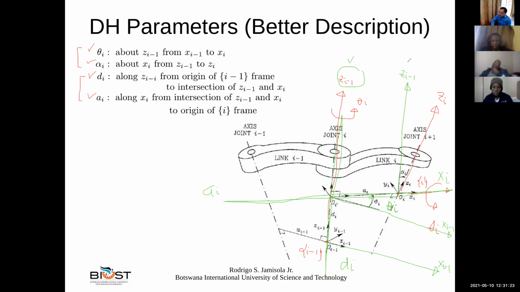This is parallel to that. Now by the right hand rule, this is your xi, and starting from zi minus 1, you sweep toward zi. This sweeping is your alpha i.